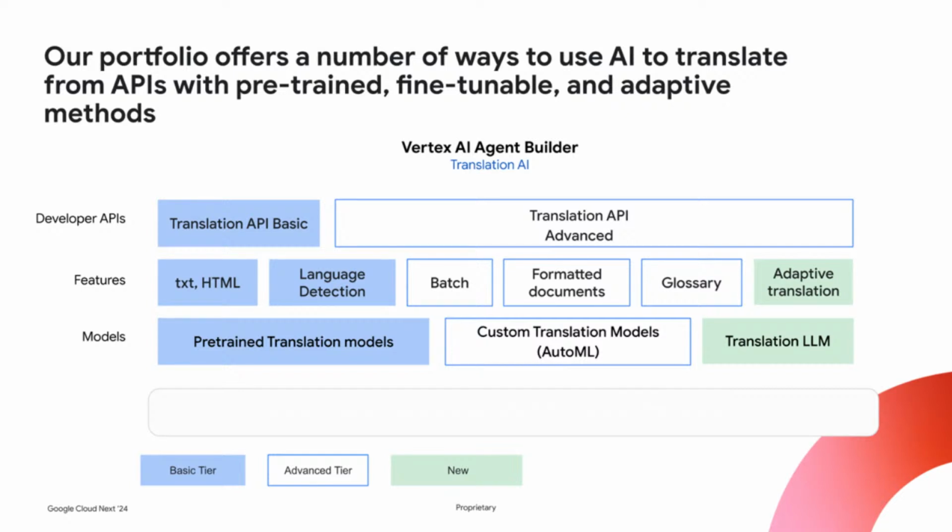Our newest offering, which is what we'll be talking about here today, is adaptive translation and our translation large language model. So over the last several months, our team has been working. We're taking the best of our training data for our translation use cases that we use to build the classic translation models, but we're applying it to fine-tuning and upgrading our foundation LLMs.